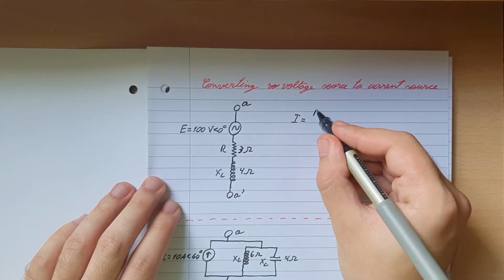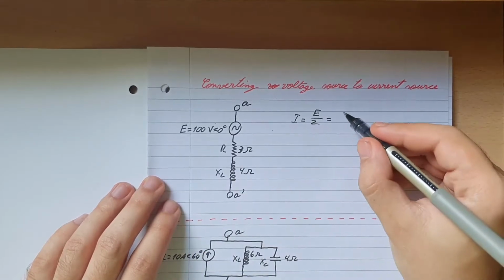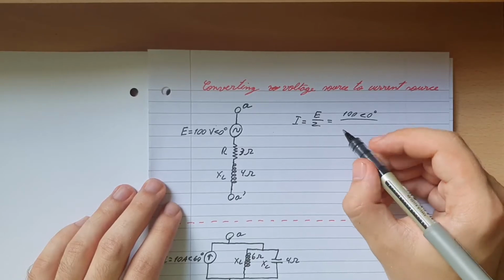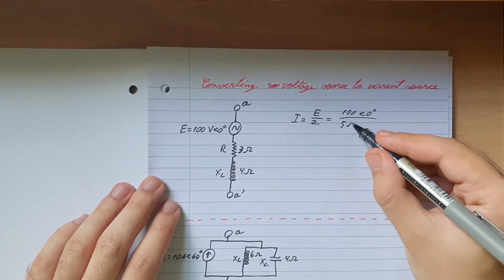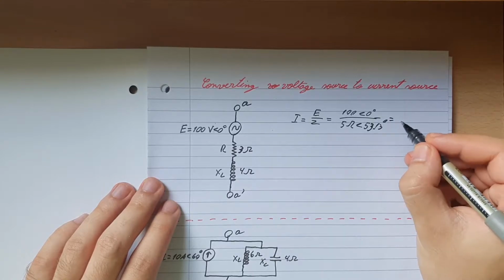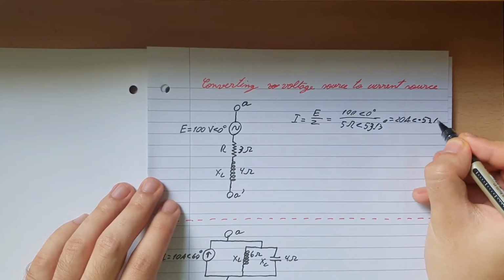I is equal to E over Z, so we put 100 at an angle of 0 degrees in phase, divided by 5 ohms, because when you calculate those two you get 5 ohms at an angle of 53.13 degrees. We divide those two polar forms and we get 20 amps at an angle of minus 53.13 degrees.